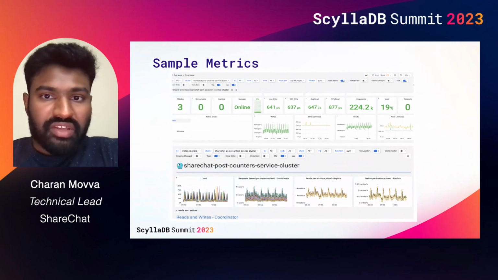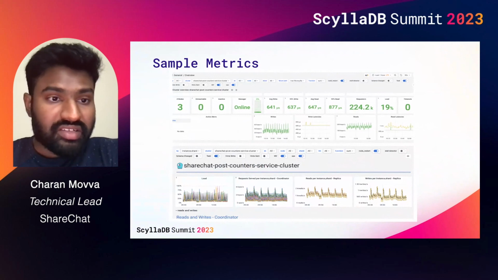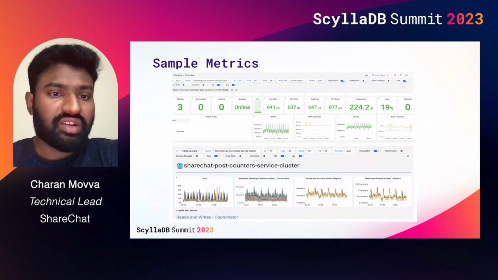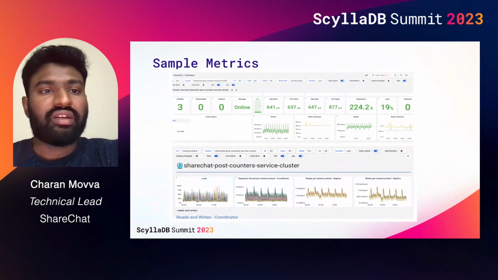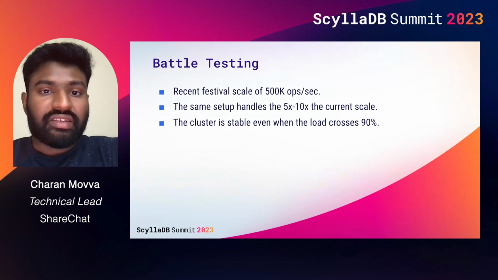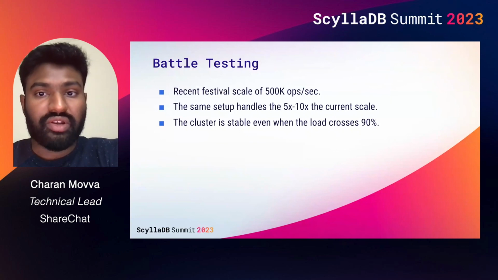And the remaining part of the image shows that we have metrics at instance and shard level, where we can visualize which particular shards are taking in more load, and that helps in modeling and understanding the data. We tested a similar setup and it was capable of serving 1.2 million ops per second, right?